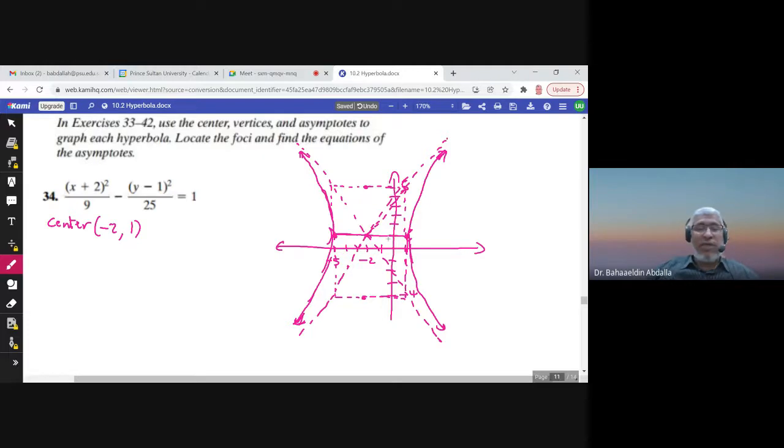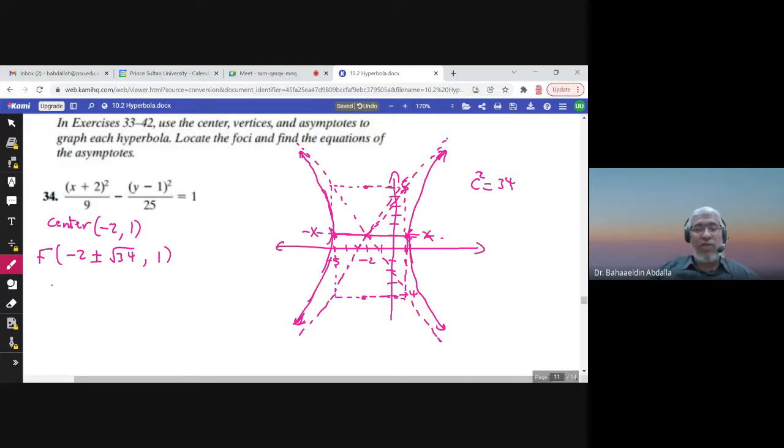It is horizontal. And the foci will be located here. So to find the foci, the center is negative 2 and 1. I go right and left. So I change in negative 2. So the foci would be negative 2 plus or minus. c squared is 25 plus 9, 34. So square root of 34. These are the coordinates of the foci.